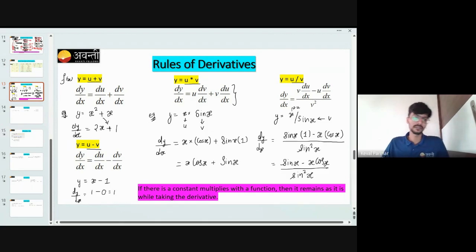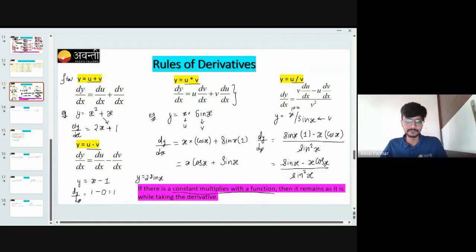Here is a note. If there is a constant which multiplies with a function, suppose I have y is equal to 2 into sine x. So 2 is a constant which is multiplying with the function sine x. Then while taking the derivative, 2 makes no difference. 2 remains 2 as it is if it is multiplied.